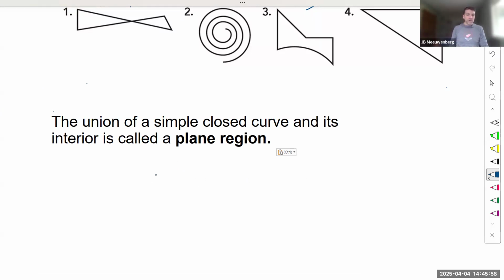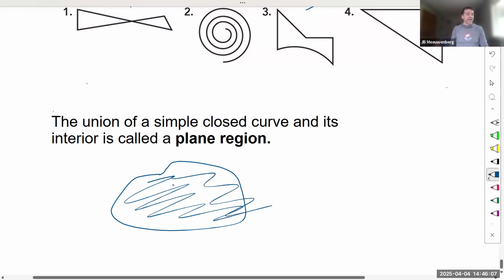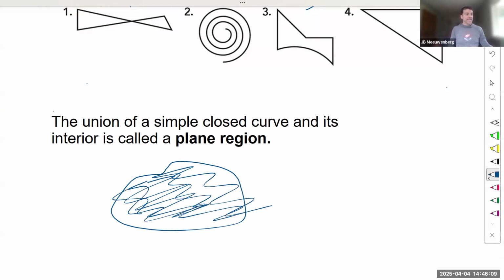What's a simple closed curve? Something that looks like this, we just learned, and its interior, so all the space on the inside of it. The curve itself and its inside is called a plane region.